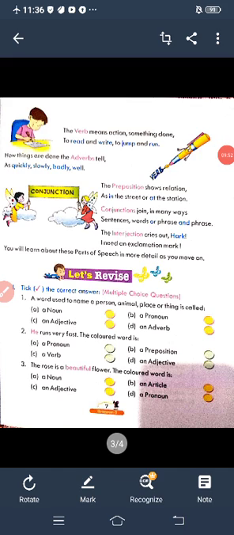So the English language, this is basically what we are going to discuss in this first chapter: alphabets, order, vowels, consonants, words, sentences, and the parts of speech. Basically this is the framework of this book that we are going to cover in upcoming chapters.